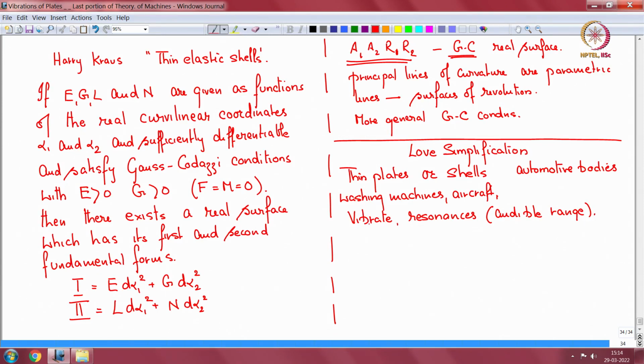If they are thick, they are not so much of interest because they do not vibrate so much, nor do they make a lot of noise. Now if I have a thin shell, I am first drawing it more or less to scale, and then I will draw this exaggerated. So this is h, suppose this thickness is h, and I will draw it exaggerated.